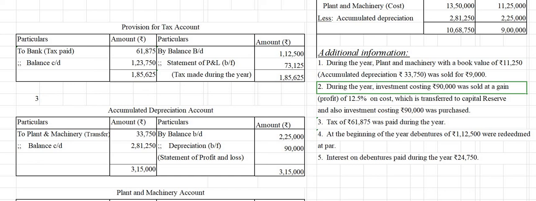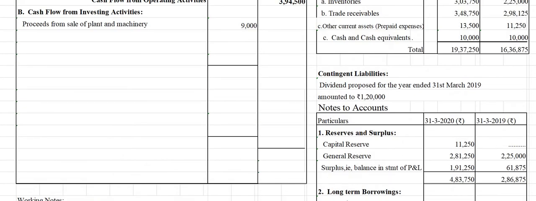How can you calculate the selling price? If 90,000 is 100, what will be 112.5%? Or you can find 12.5% of 90,000 and add it to 90,000. Then you will get the selling price.